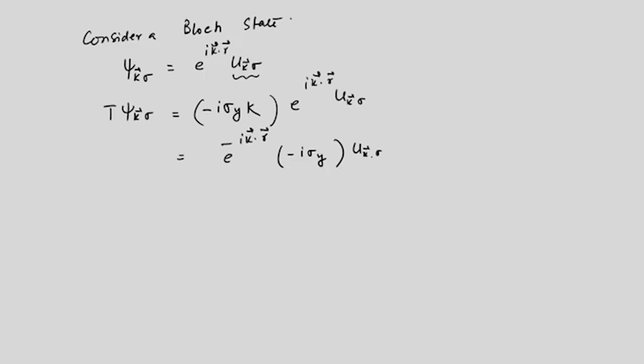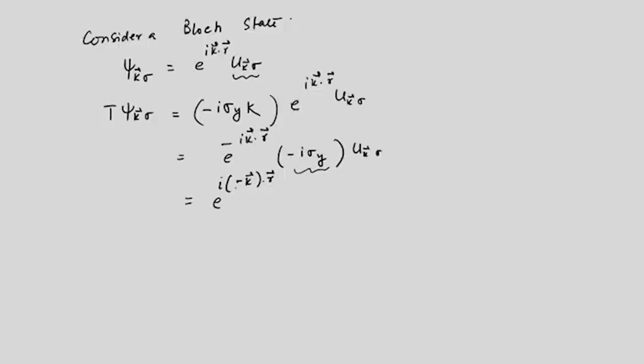Now you see that this can be written as exponential of i minus k dot r, and then the job of this i sigma y will be to invert the spin. So, if there is a sigma spin, then there will be a sigma bar spin, where if sigma is up, then sigma bar will be down.